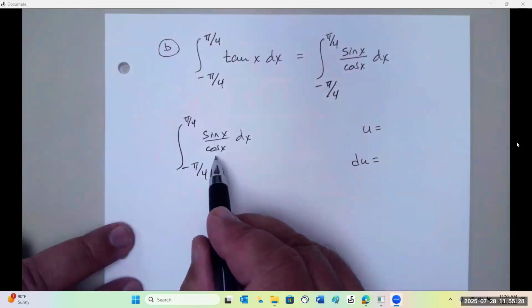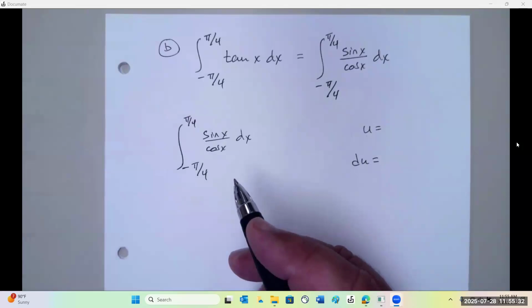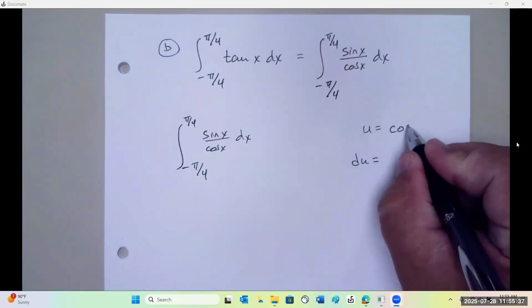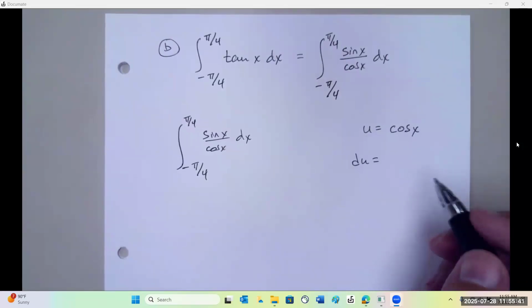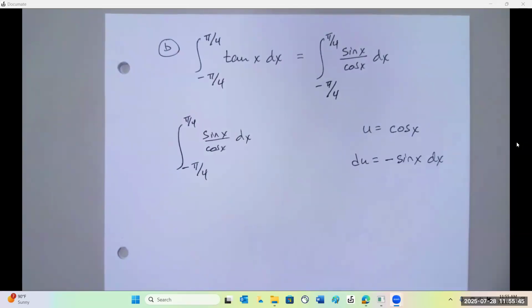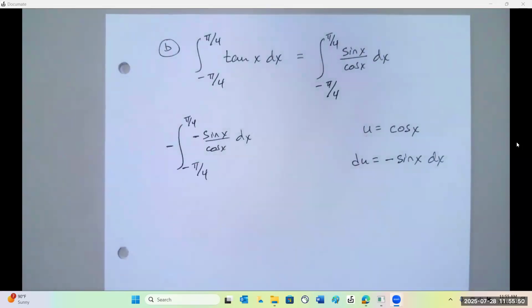Typically we use the bottom one because it'll make it easier to do an integral, make it an ln function. So the bottom's cosine. The derivative of cosine is what? Negative sine. Negative sine x dx. So we need to have a negative sign. That means we have to put a negative out in front.